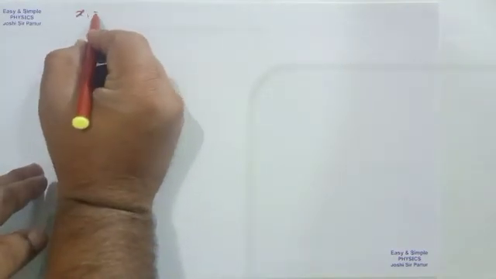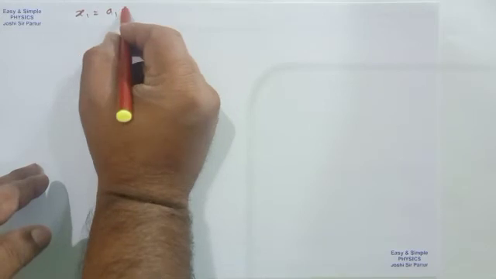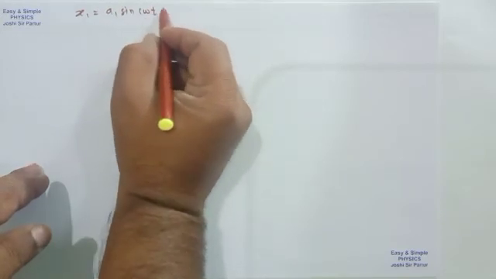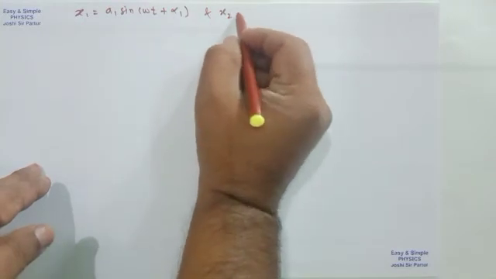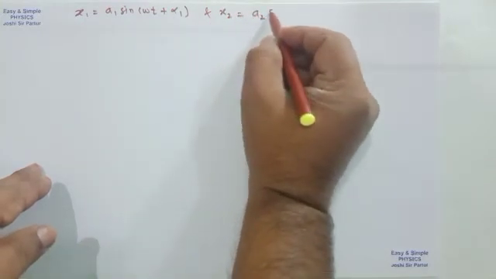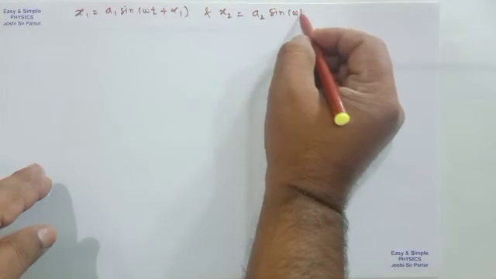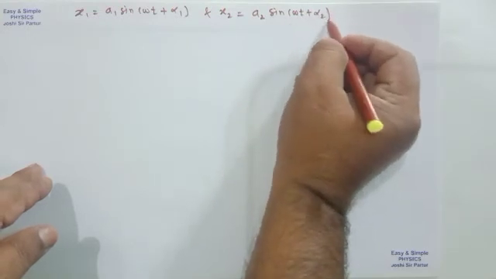So first of all, we have seen two S.H.M having different displacement, x1 equal to a1 sine of omega t plus alpha 1 and x2 is equal to a2 sine of omega t plus alpha 2.